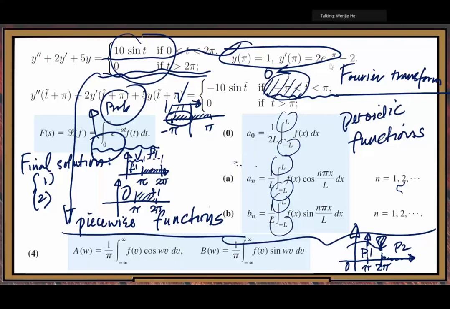It's very common in engineering problems. So that's why Laplace transform is very important. If not Laplace transform, we have other ways to solve. Fourier transform is also good for piecewise functions, because all integral-based methods are good for piecewise functions.